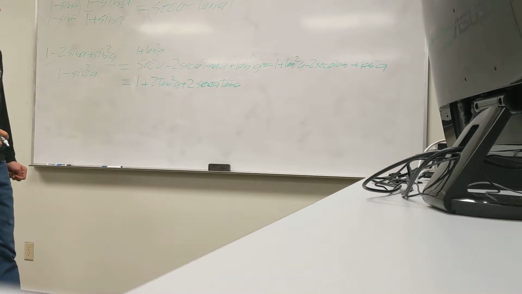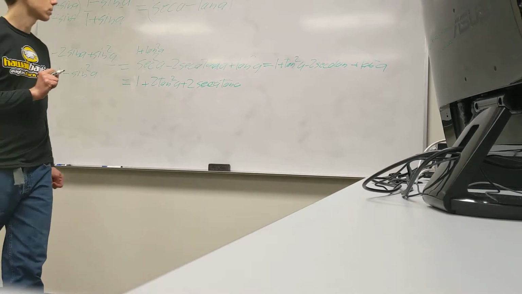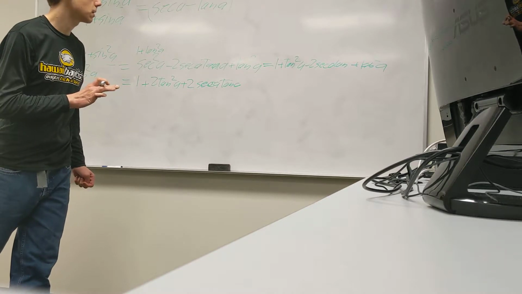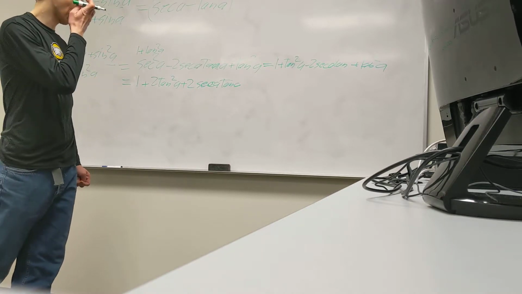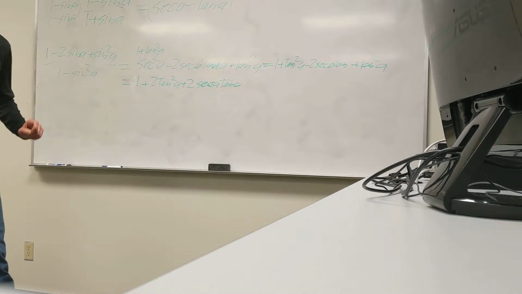Can you divide the whole thing by 2? Sure. So 1 plus 2 secant A tangent A plus 2 tangent A squared. Okay.